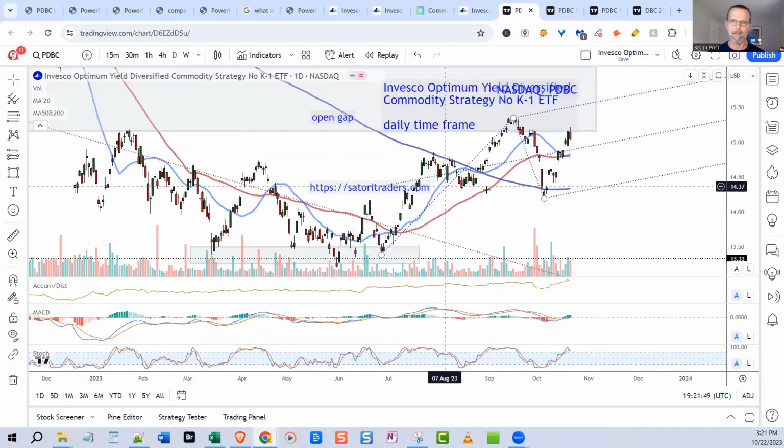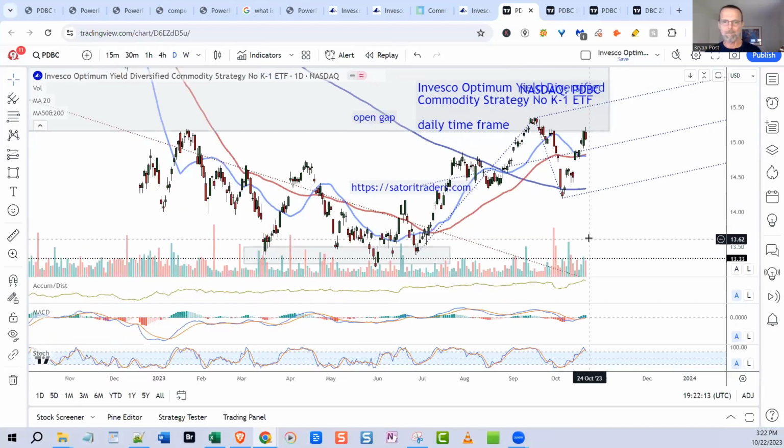We've got a high, a low, a higher high. Well, that's not a higher low. So we'd have to ignore this action here to say that it's in a technical uptrend, but we could still make that argument. Maybe we could also look at this as sideways consolidation. But anyway, not bad looking in the daily time frame.